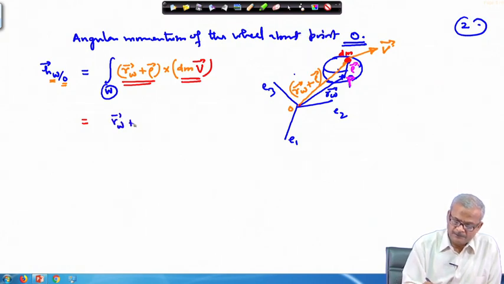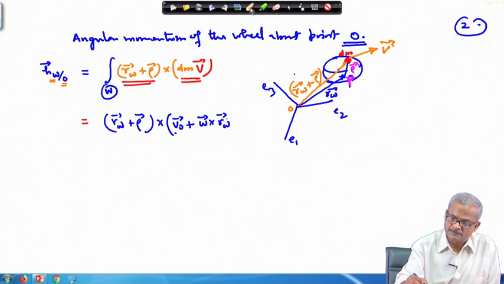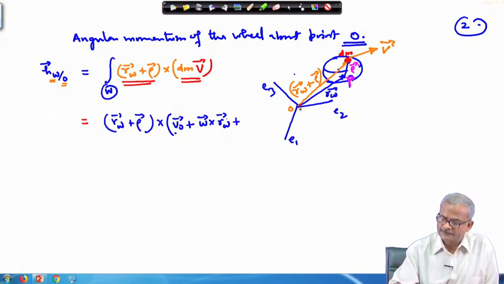So, r w plus rho cross v, where v equals v 0 plus omega cross r w. So, this is the velocity of this point v 0, and what will be the velocity of this point, because this body is rigid.